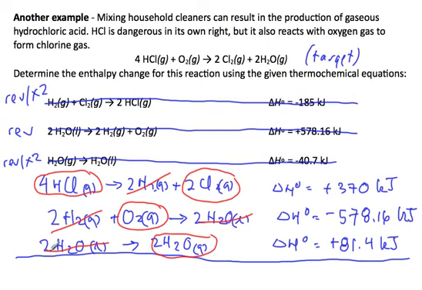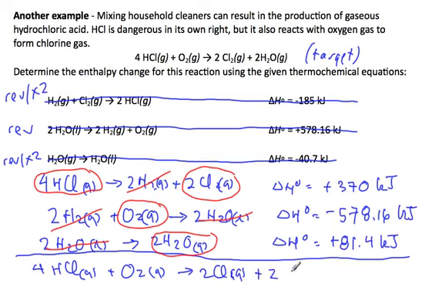So there I have everything I need, so I can rewrite that. 4HCl gas plus O2 gas yields 2Cl2 gas plus 2H2O gas. Delta H of the reaction equals, and I add everything together, and when I add it together I get negative 120 kilojoules.